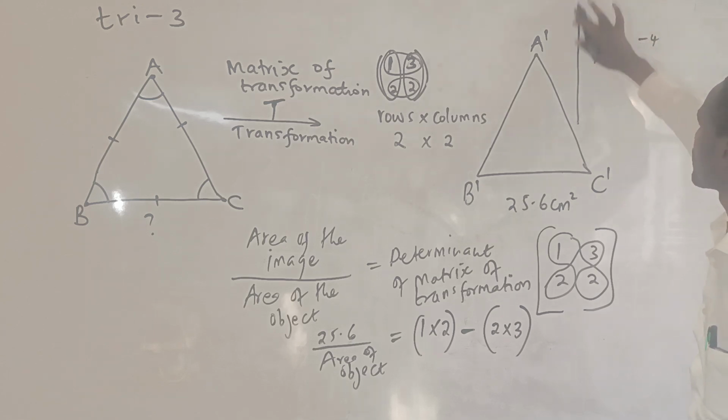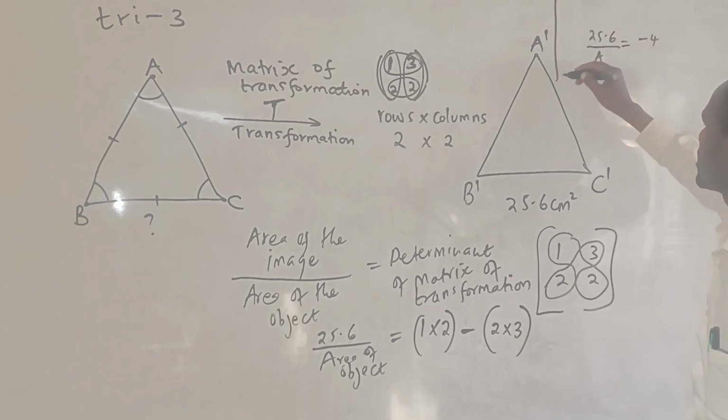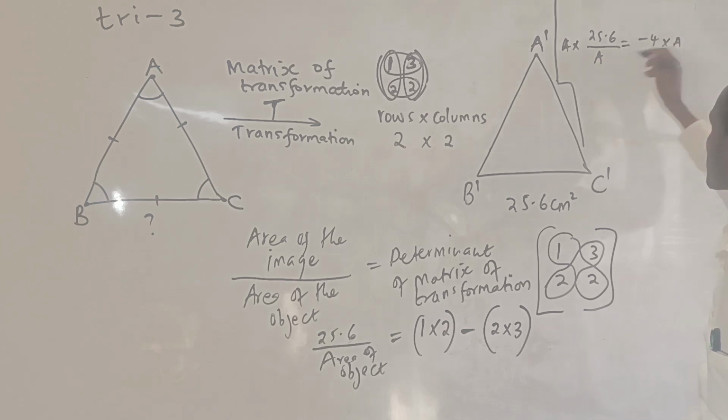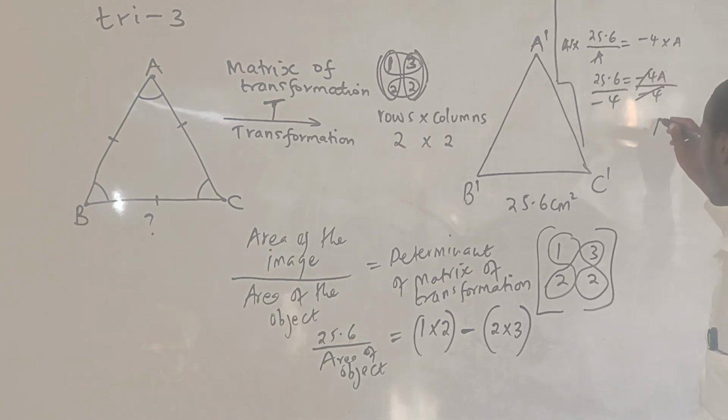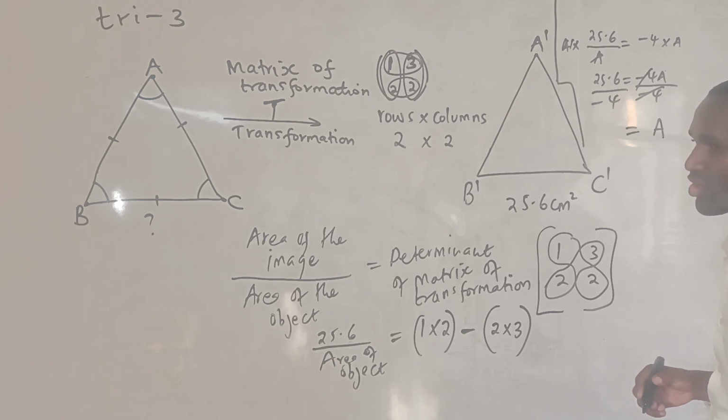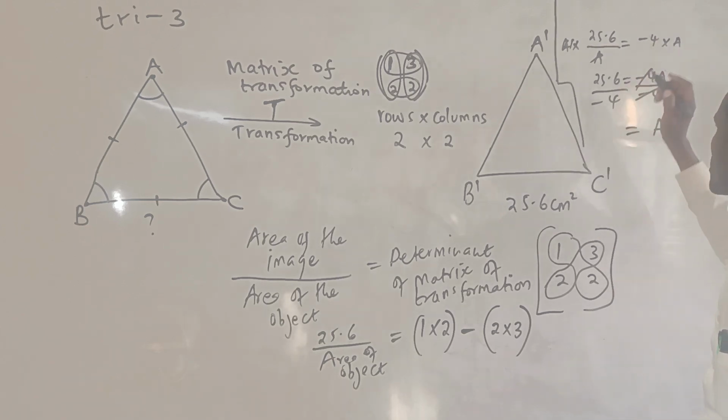Multiplying both sides by n, the area of the object, the n's disappear on the left. So 25.6 should be equal to -4n. Divided by -4 on both sides, we have to find the area of that object. 25.6 divided by 4 gives 6.4.